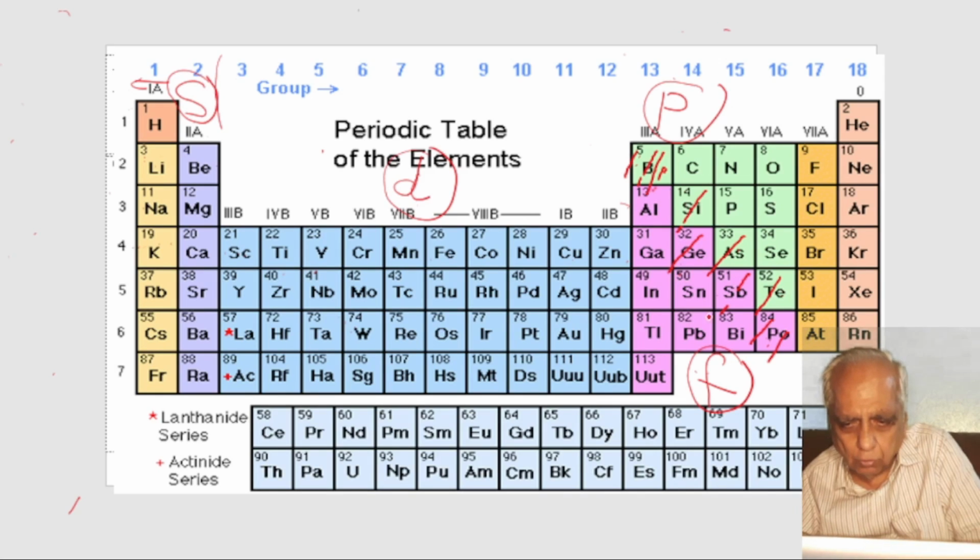So this is how you can learn. So these are the metalloids as shown in the periodic table. So you see that majority are metals, and even lanthanide and actinide series are also metals.